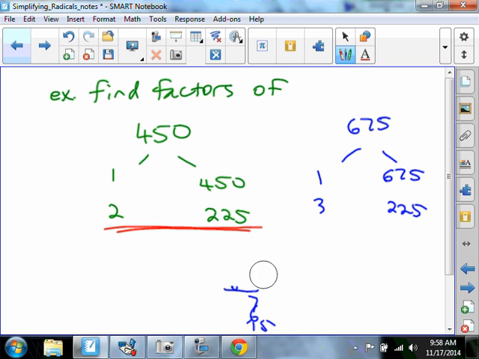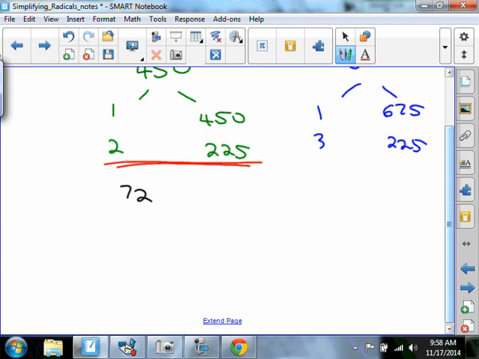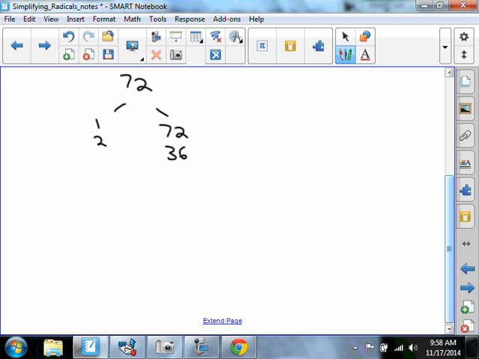Let's try finding factors of a number like 72. Is 72 divisible by 1? Of course it is, 1 and 72. How about 2? 2 and 36. 3 goes into 72, believe it or not, 24 times. 4 goes into it half as many times as 2 did. 5 doesn't. 6 goes into it 12 times.